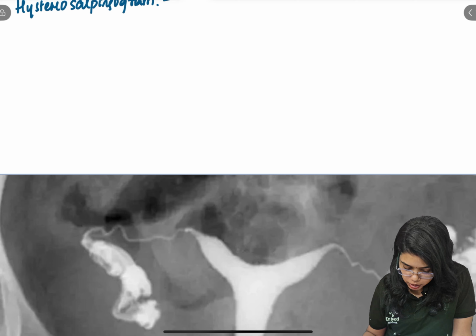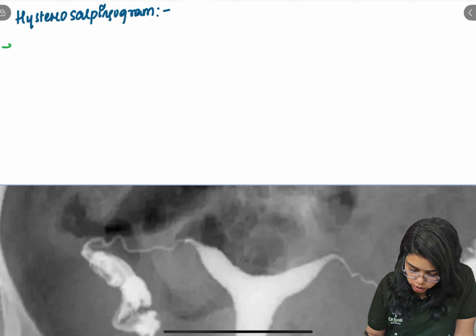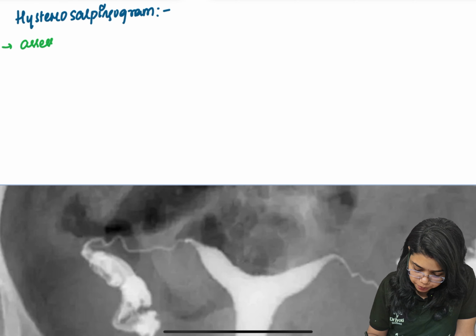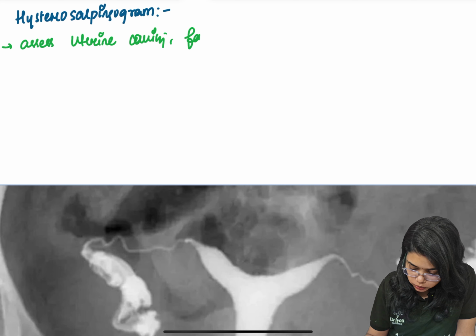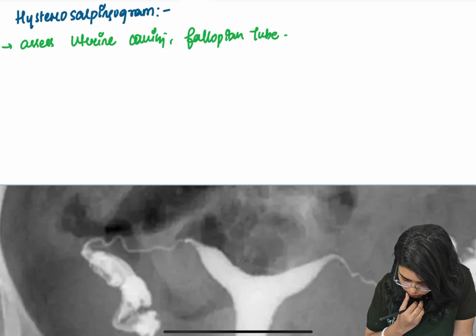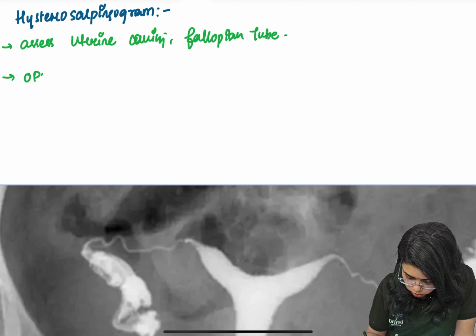See, this is the normal hysterosalpingogram. It helps to assess the uterine cavity as well as the fallopian tube. It is an OPD procedure and does not need admission.